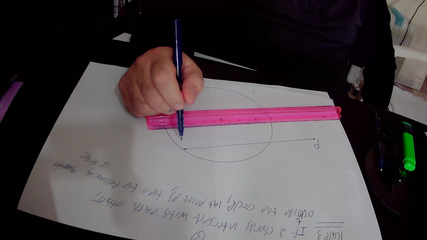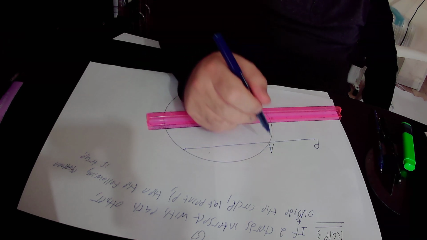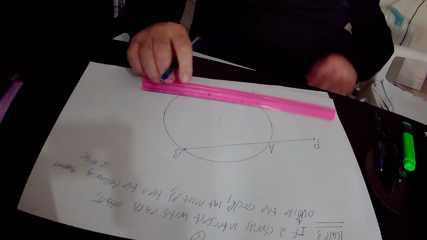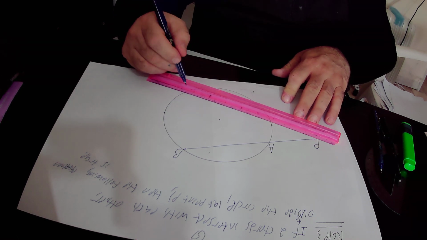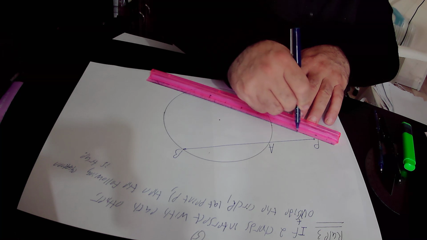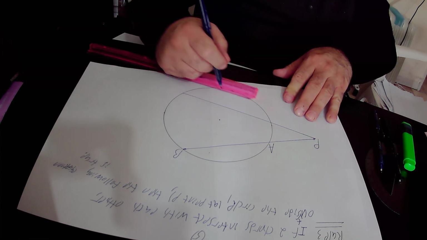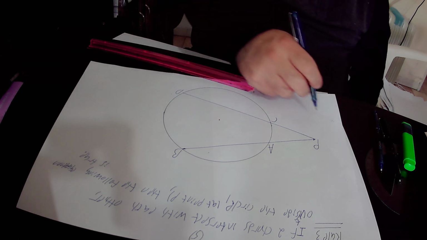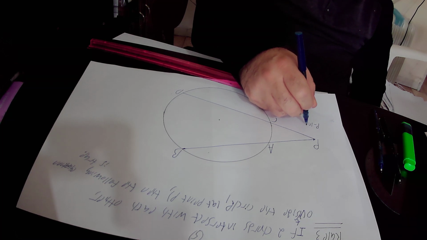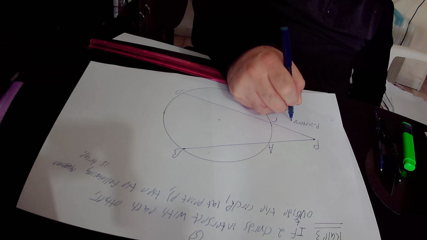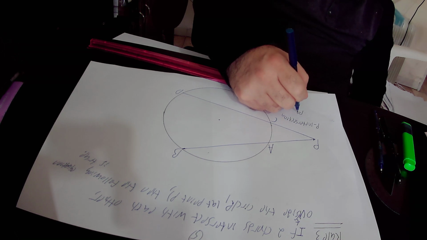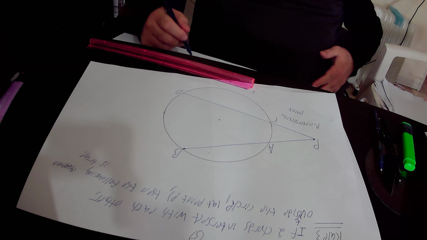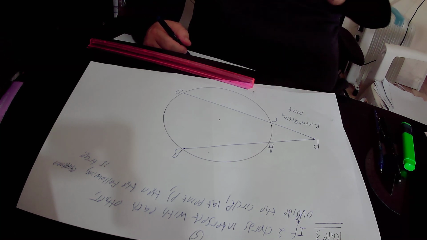This is actually chord AB that intersects with chord CD at point P. Point P is the intersection point of the two chords called AB and CD. And point P is located outside the circle.